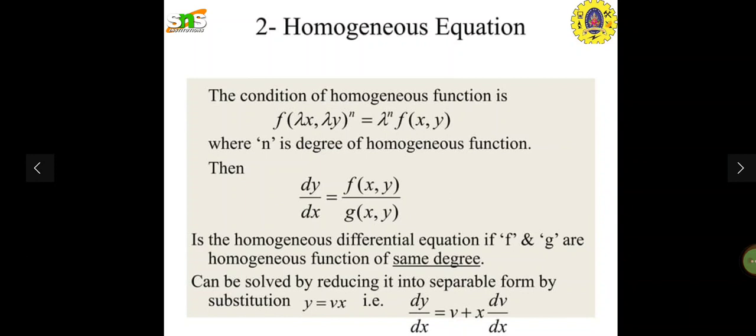Then this can be solved into separable form by substitution of y equal to vx. Therefore dy by dx will be equal to v plus x into dv by dx. So if degrees of all the terms in the equation are same, then we call that equation a homogeneous equation.